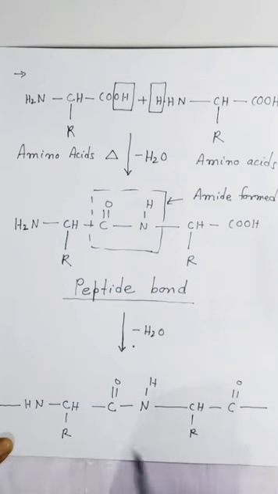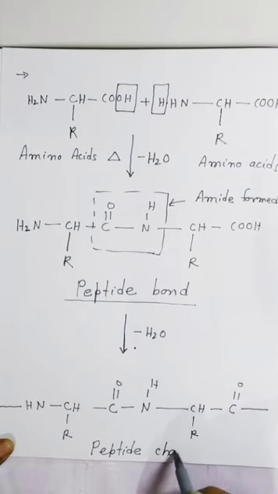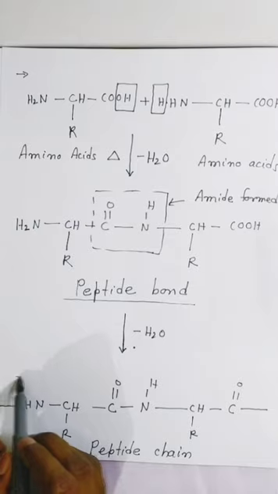So this is the amide chain, the peptide chain. This way it will form the peptide chain. When many such chains come together, they form protein molecules.